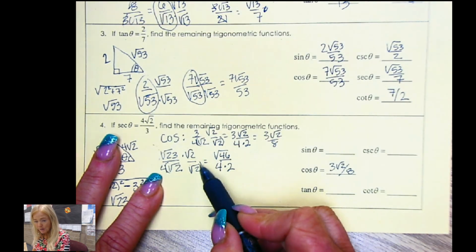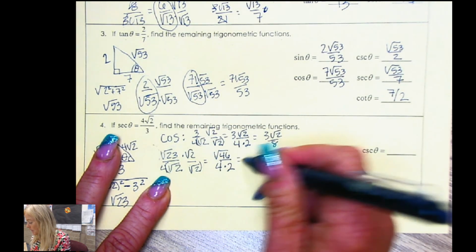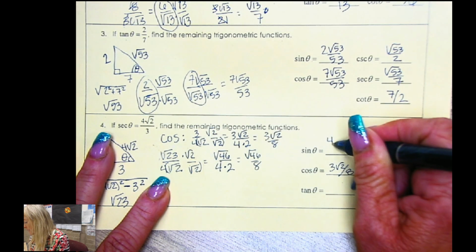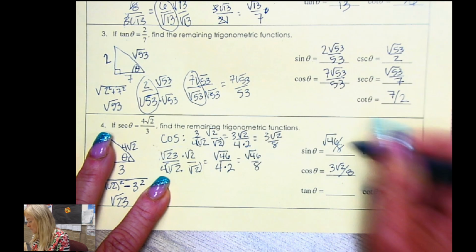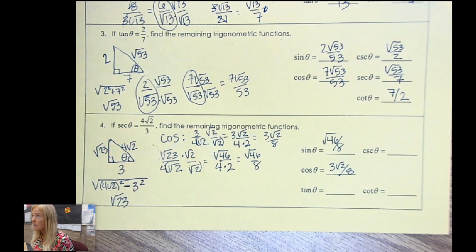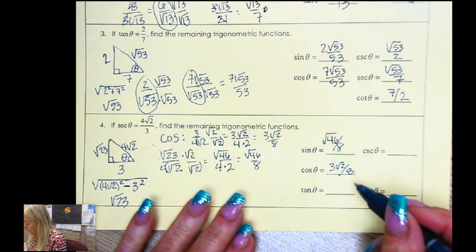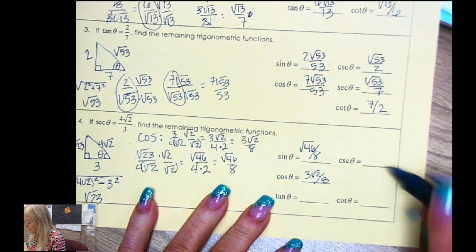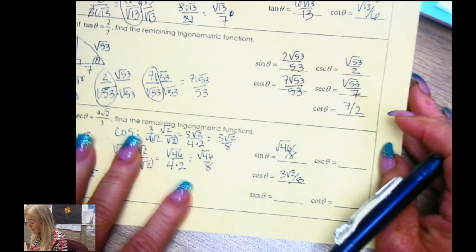So we have 4 times 2, just like we did with the cosine. That's radical 46 over 8 for sine. That's awesome. 46 is 2 times 23, it doesn't have a perfect square factor, so it's already simplified. I always think of that.